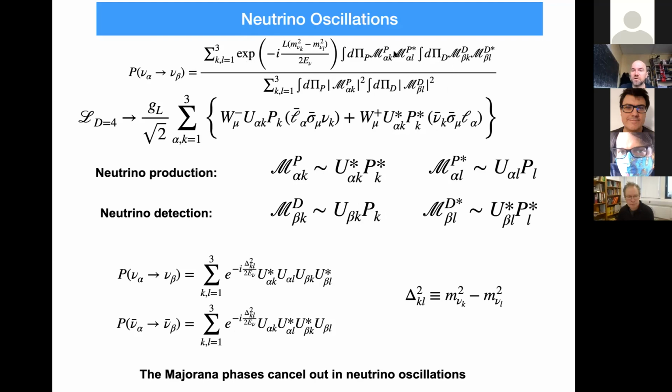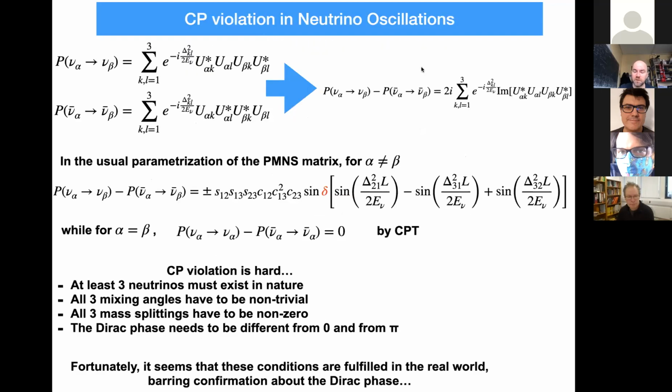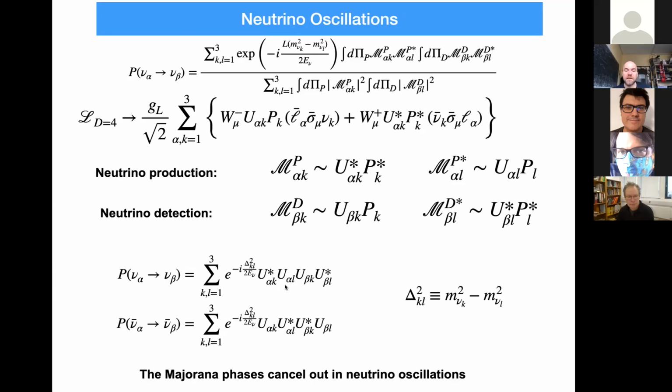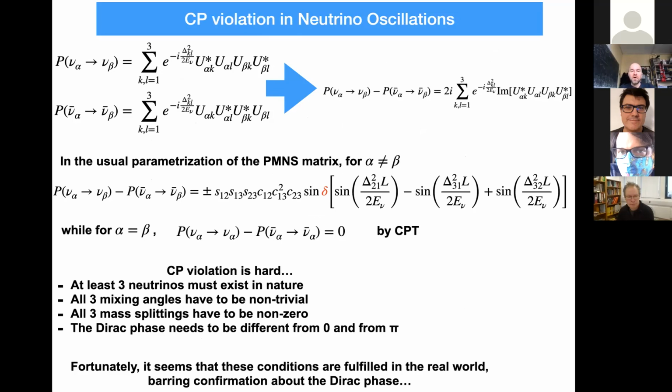So the phase here and the phase here were cancelling out between production and detection, and they no longer appear in this formula. So they are non-observable in this oscillation experiment.